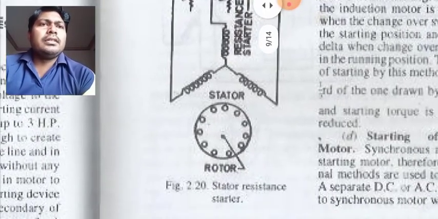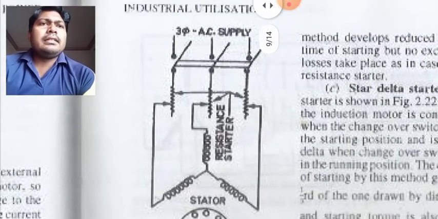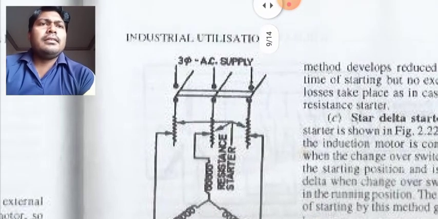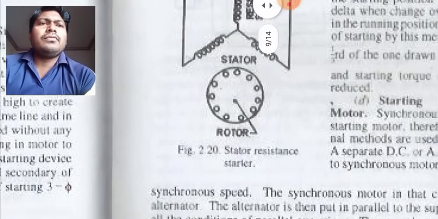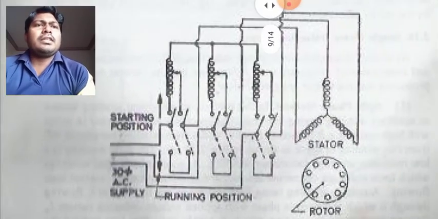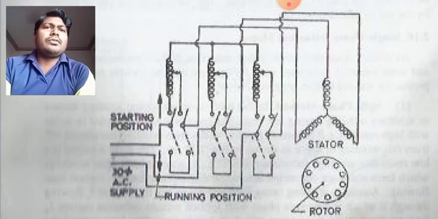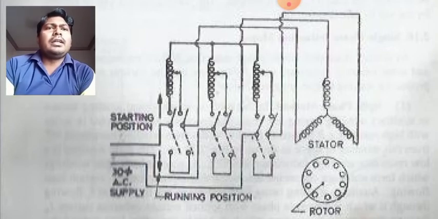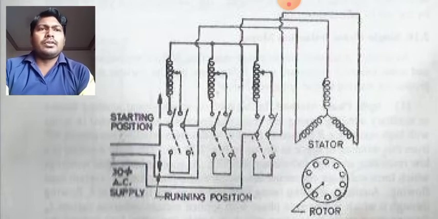You can see there is a rotor and a stator, and the stator is connected in series with resistance, supplied by a three-phase supply. Now let us check the auto transformer. There is the diagram for the auto transformer, with a starting position shown, a running position shown, and the switching arrangement shown along with the stator and rotor parts.